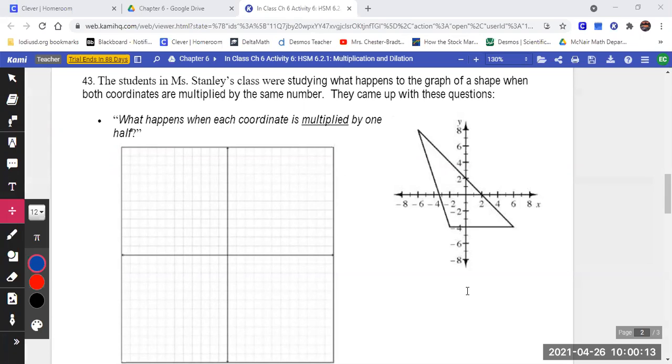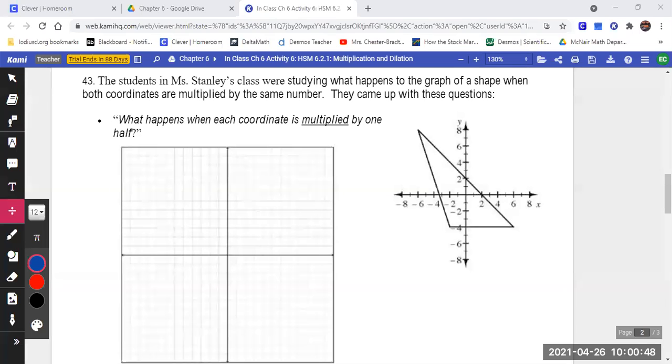What would happen if we multiply the x's and the y's by half? How much bigger or smaller will our shape be? It's going to be smaller, yes, but we need a fraction smaller, not a decimal smaller. That doesn't help us. So we have to multiply the fractions together and leave it looking like a fraction.